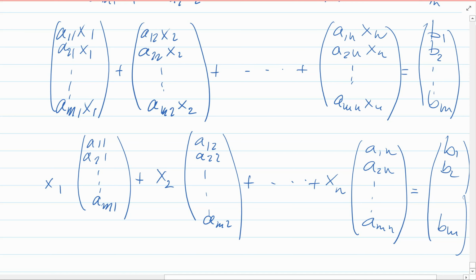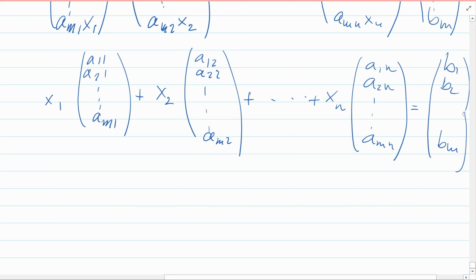Okay, so what are these? If you take the coefficient matrix, not the augmented matrix, the coefficient matrix of the system.